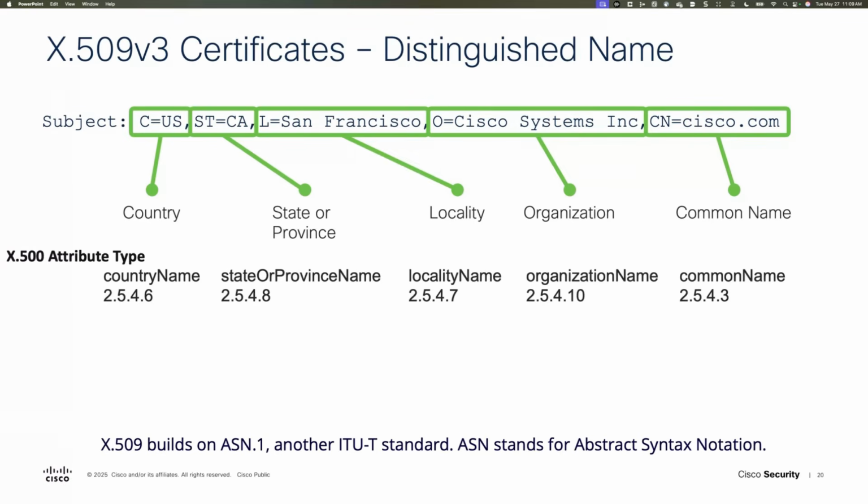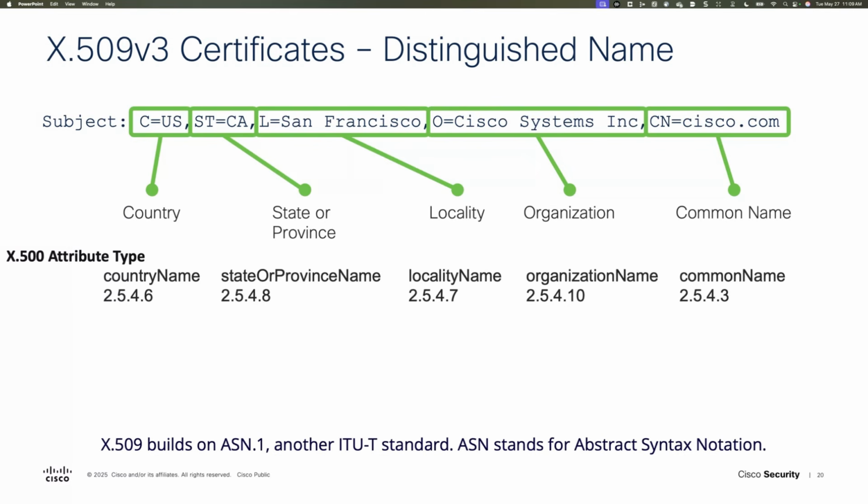Matter of fact, if you take a look at the distinguished name of a certificate, you can see where we have these different locality informations embedded into the subject name of our certificate. Now, I also added the X500 attribute type here. These are the attributes that you would use if you're using APIs to call for a certificate or to import a certificate into different servers if you're doing raw certificate importations.